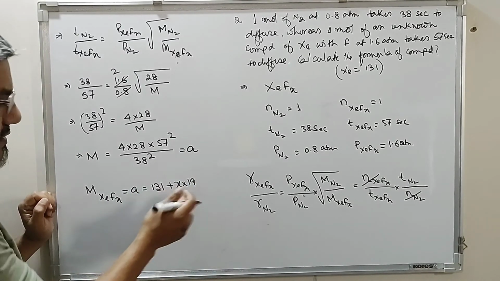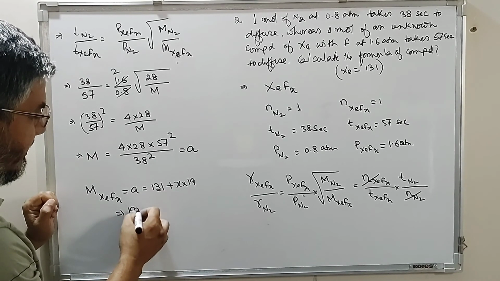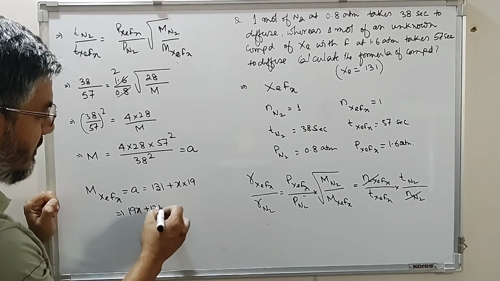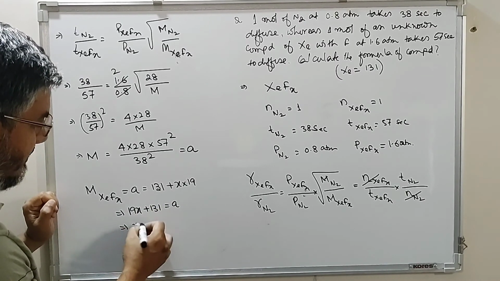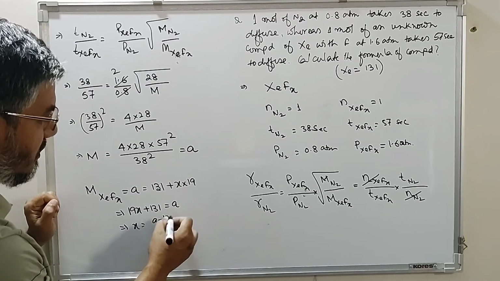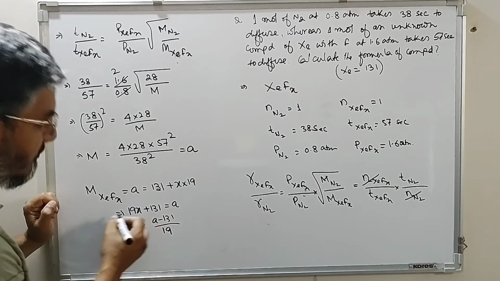So from this we can easily define the value of x. 19x plus 131 equals A, or therefore x equals (A minus 131) divided by 19. So we find the value of x.